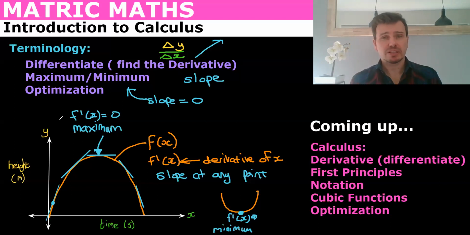And so that's pretty much the steps that you need to know. Find the derivative, make it equal to 0, and therefore you can find your maximum or your minimum. But of course, if it was that easy, then people wouldn't struggle so much with the calculus. So first of all, what we need to do is we need to figure out how do we find our derivative. And so that's what we're going to do in the next lesson.